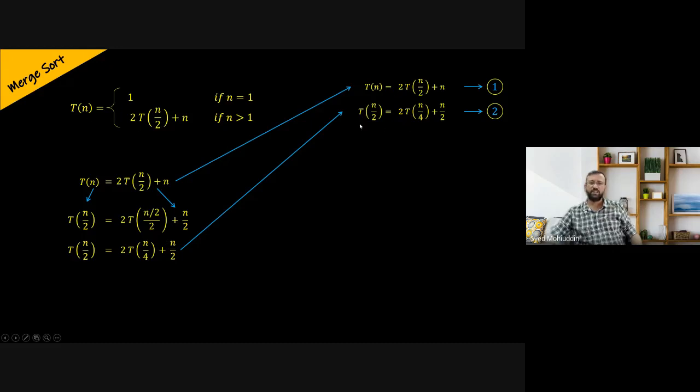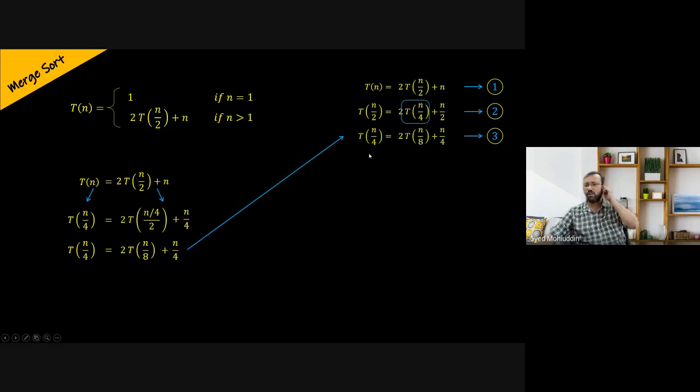For the second equation, instead of n, we substitute n by 2. So it will be T of n by 2 equal to 2T of n by 4 plus n by 2. This 2 remains as it is; we cannot substitute anything over here. Only in place of n, we are substituting n by 2. And here it is n, and in binary search, we had 1. Here we have n, so instead of n, we substitute n by 2.